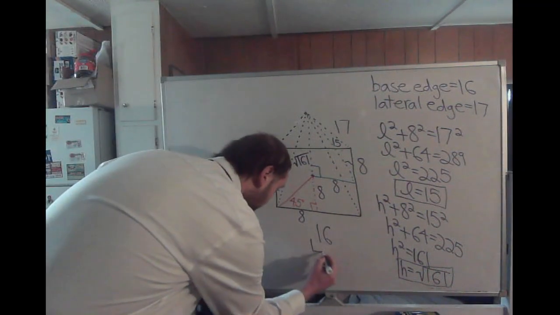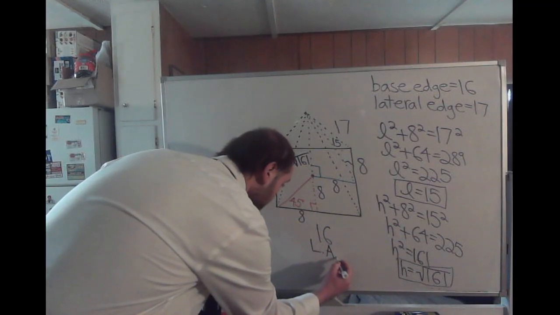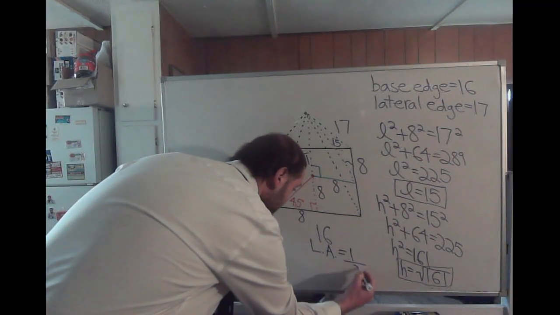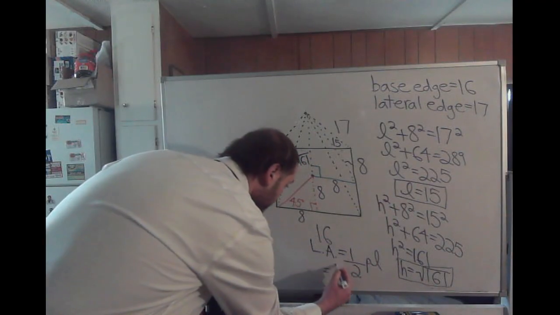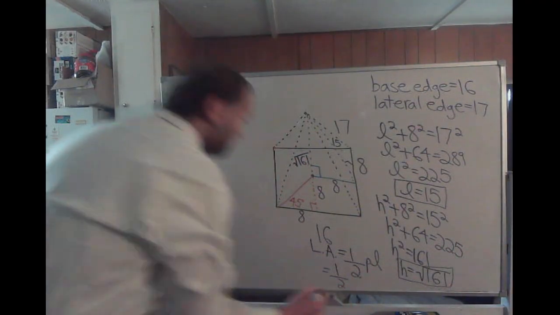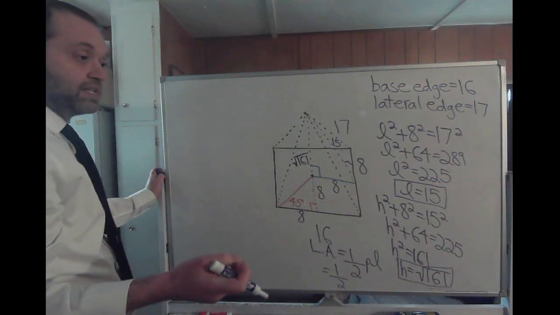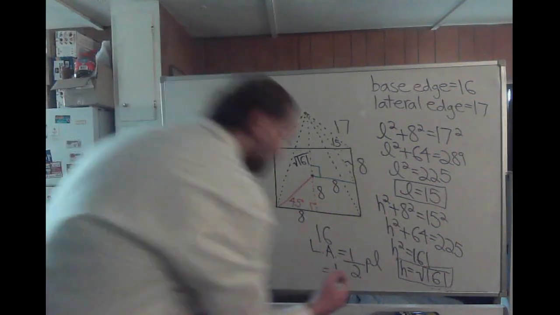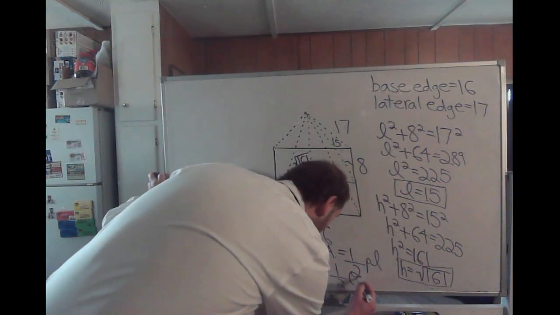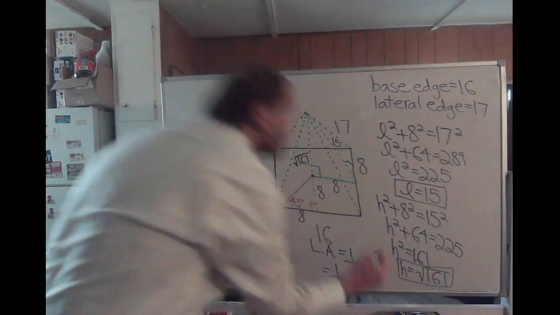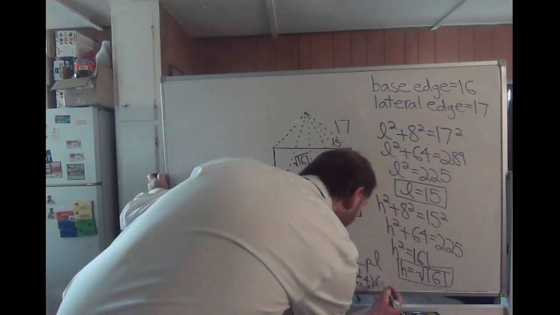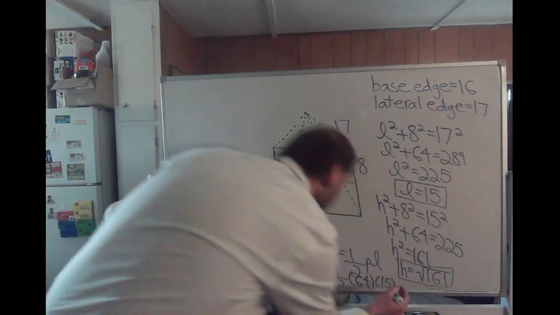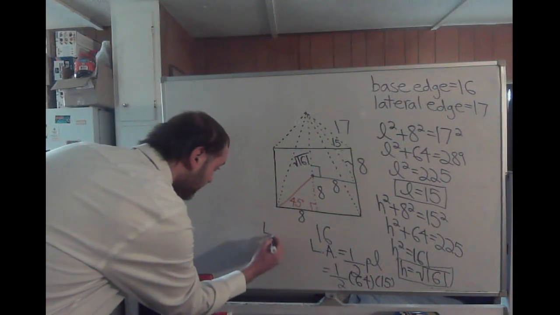So the lateral area, of course, is equal to half the perimeter of a base times your slant height, which would be half of, what is the perimeter of the base, the square being 16? 16 times 4 is 64, so that'd be half of 64 times your slant height of 15, which is not going to be pretty.